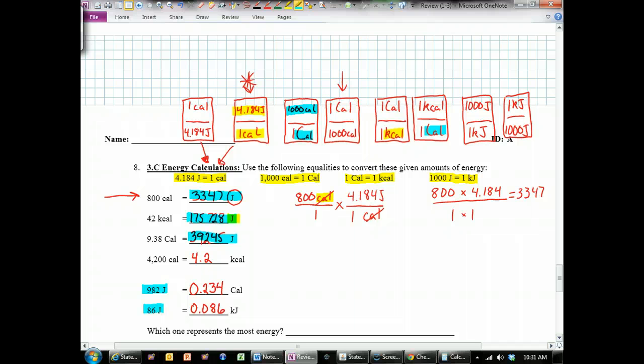The only one that is not written in joules is the middle one, the 4.2 kilocalories, or 4,200 calories. So to write that in joules, we do a conversion again. I'm going to start with 4,200 calories and then use the conversion of 1 small calorie is 4.184 joules.